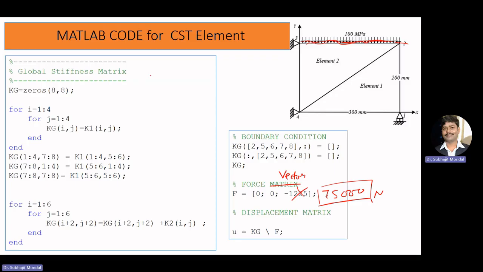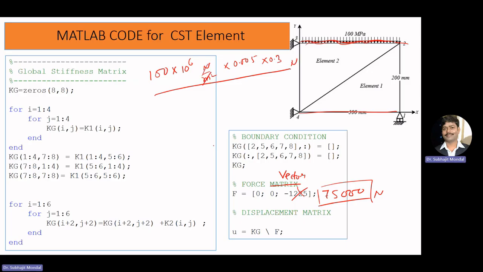Here it is 100 MPa, which we need to convert to Pascal. Pascal means Newton per meter square. If you multiply with the thickness, we can convert to the UDL load, and if you multiply again with the length, we have the total load.